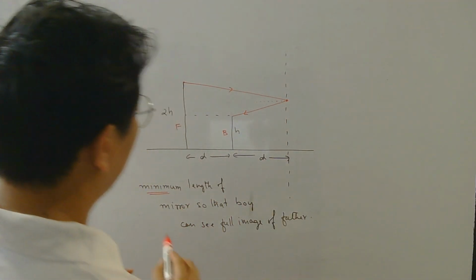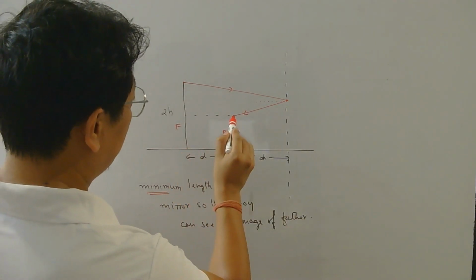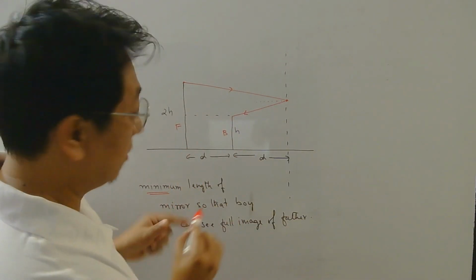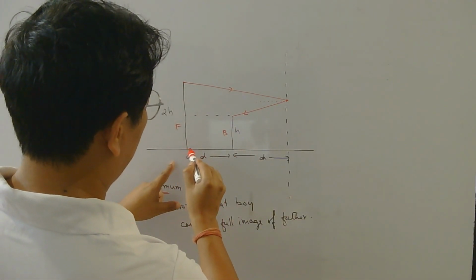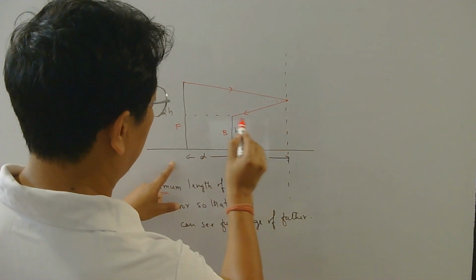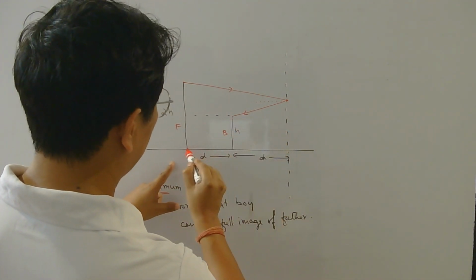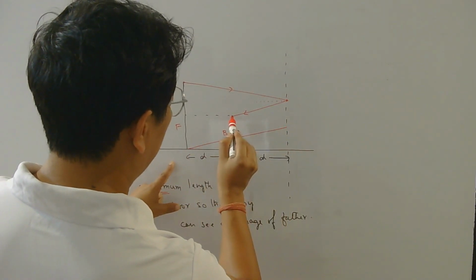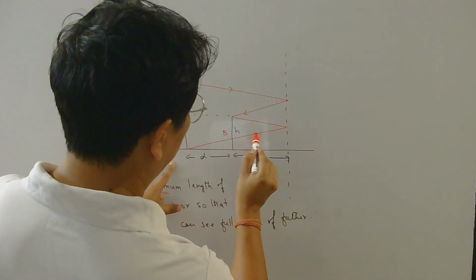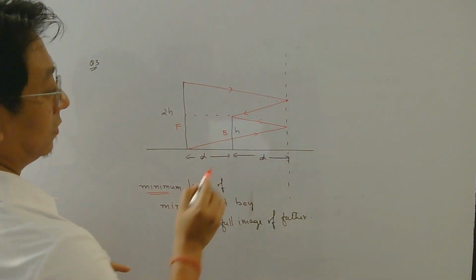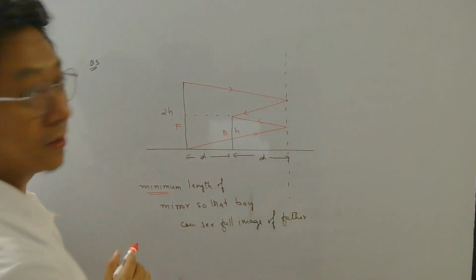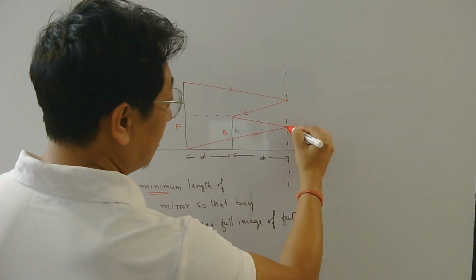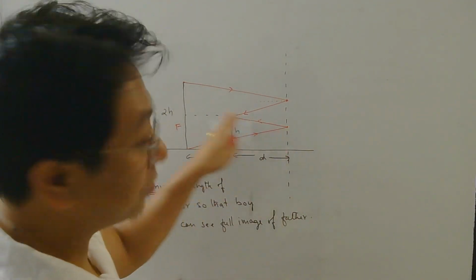Clear, right? Okay. Similarly, for light from here to reach the eye of the boy, it should go somewhere like this and then here. Okay, you should try to obey the law of reflection, right? Okay. So there should be some mirror here in order for this reflection to happen.